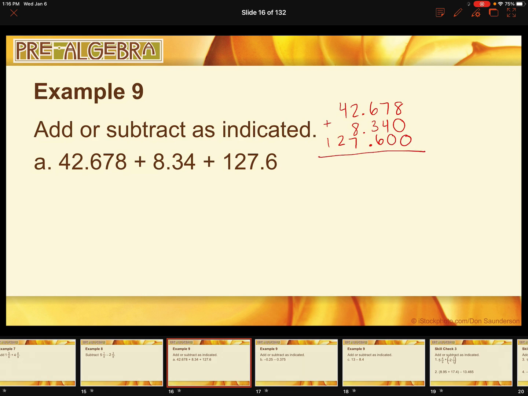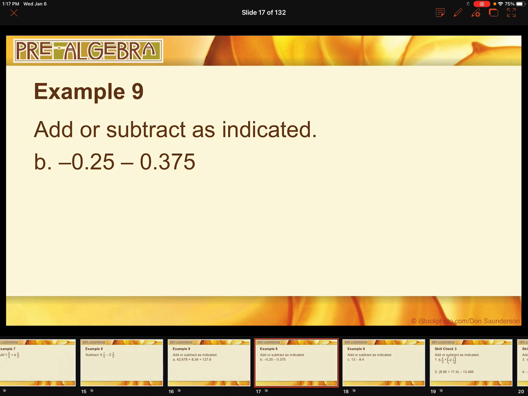I'm adding all of these. So now that they're stacked, I can just add. To get a final answer of 178.618.